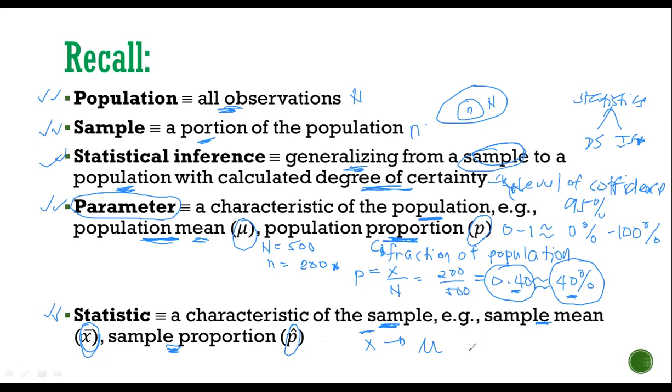Ulitin ko. In statistical inference, we are going to study the sample, generalize something towards your population. So relating it to our parameters, we have your sample mean, your X bar. It will be utilized to generalize something out of your population mean.